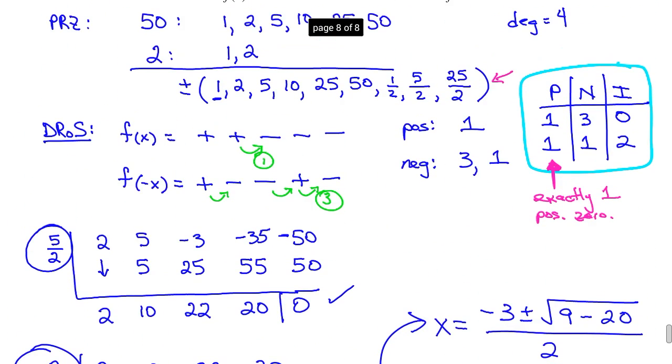And you see that the actual one that was used here is this bottom one. So anytime you create the Descartes chart, you should be able to go back and check the chart to see if the configuration of your zeros actually matches one of the configurations predicted by Descartes' chart. If it doesn't, that means there's an error somewhere.